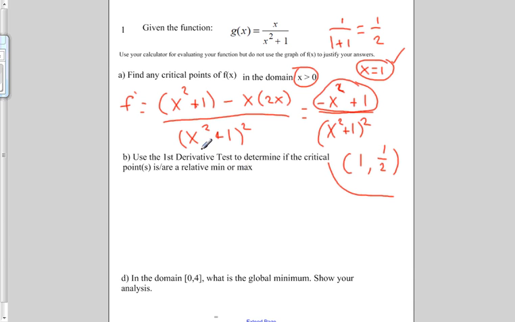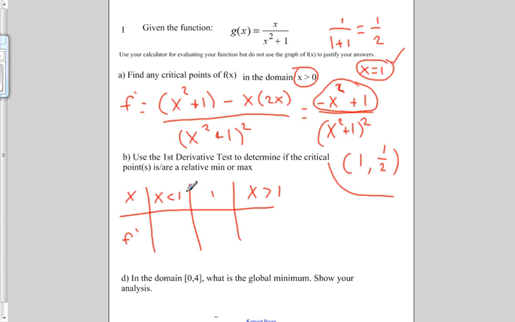So in order to do that, like we've done a bunch before now, we're going to take x and my derivative. We're going to look at x less than my critical number, when x equals 1, and when x is greater than 1.